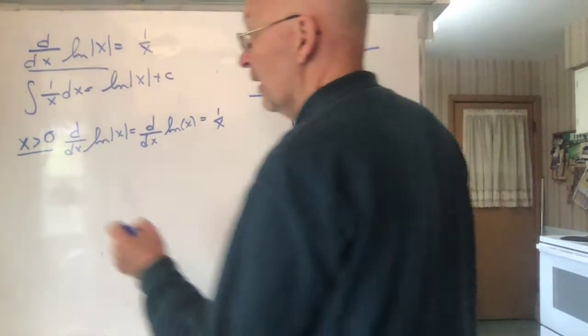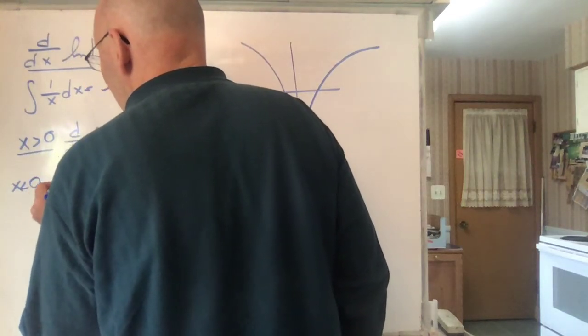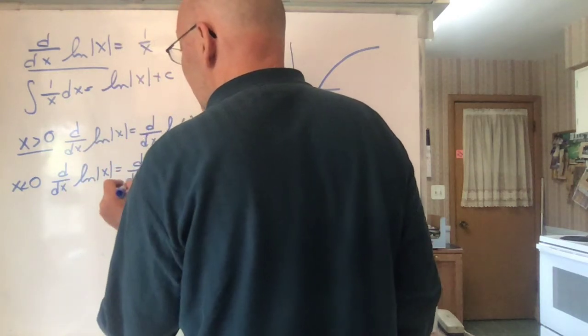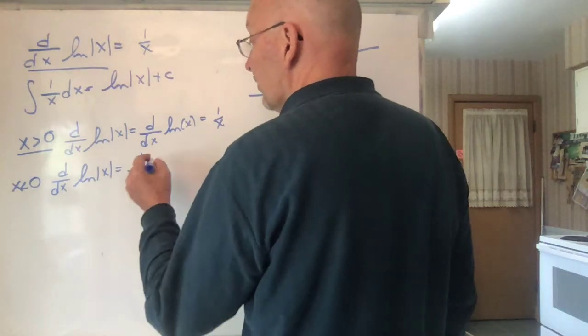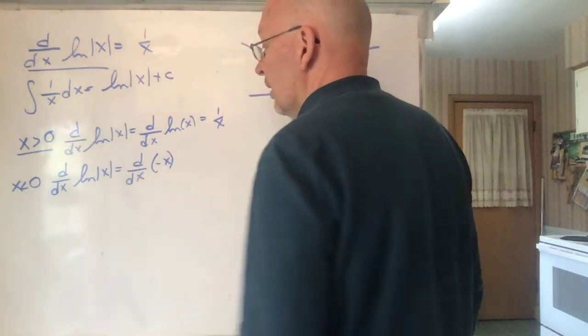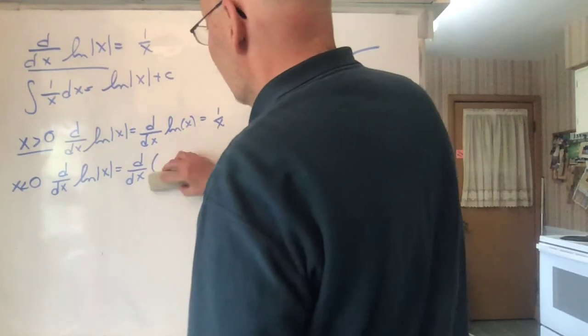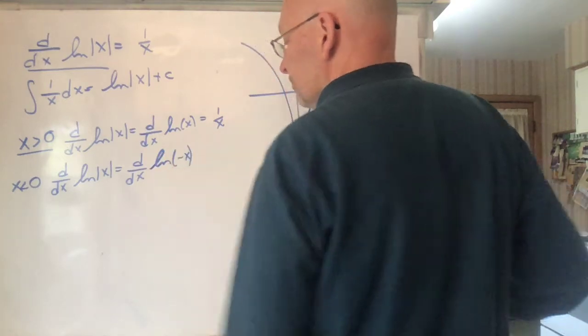No problem. If x is negative, then the derivative of the ln of the absolute value of x is equal to the derivative of, well, let's see, if x is negative, then the absolute value of x is the opposite of x. So it's going to be the ln of the opposite of x.